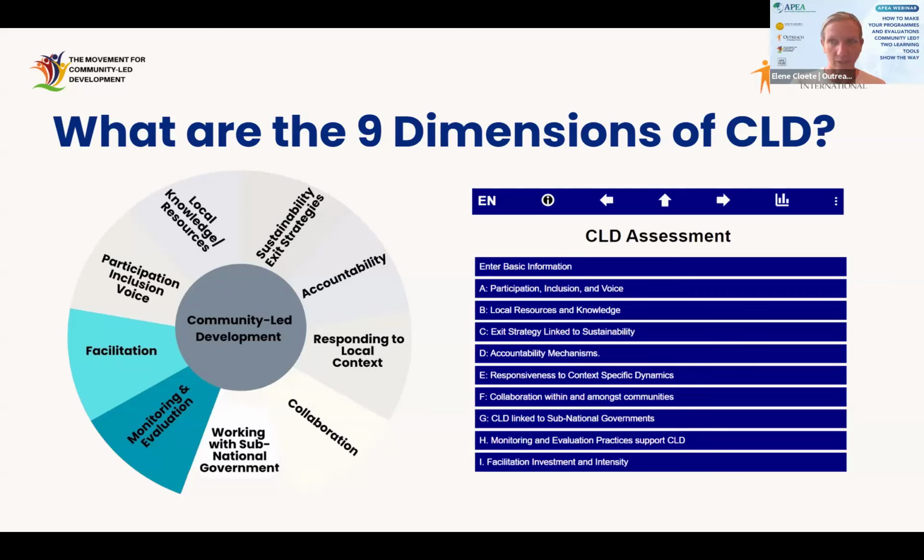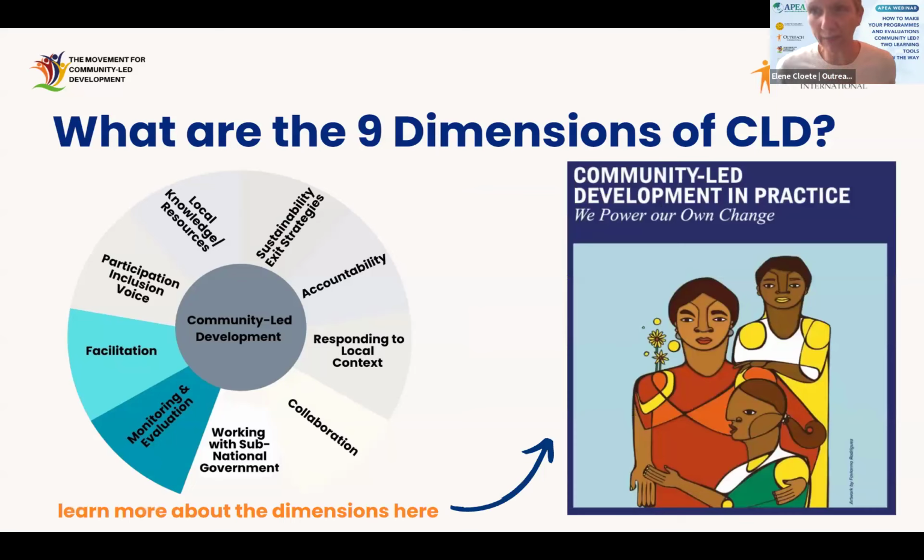And then, of course, facilitation, which is a core component of community development. The tool asks really engaging questions about the quality of that facilitation so that programs can learn a little bit more about that. Okay, so as Kunjan mentioned, these 9 dimensions have become really productive for us to think about community development.